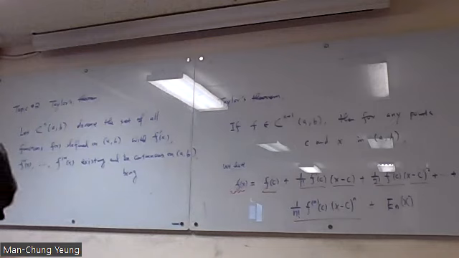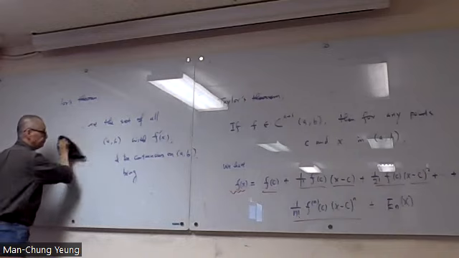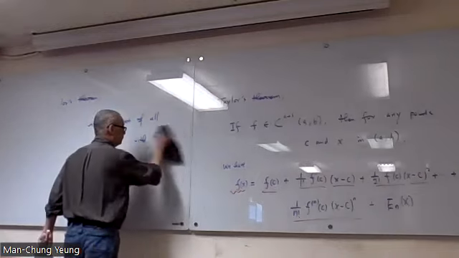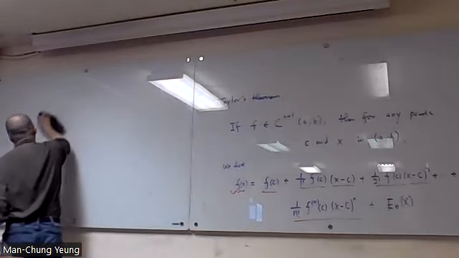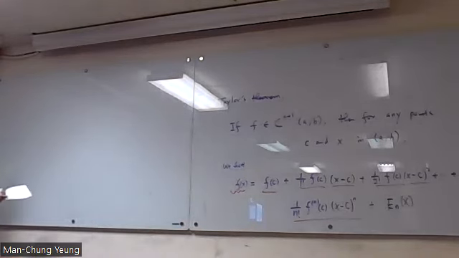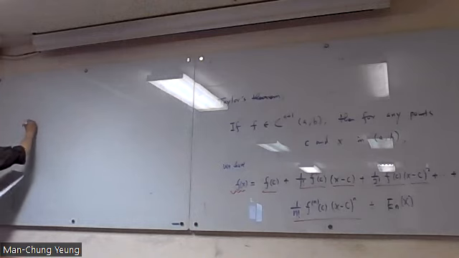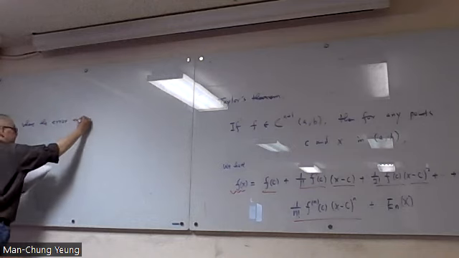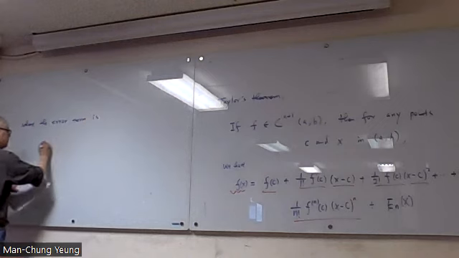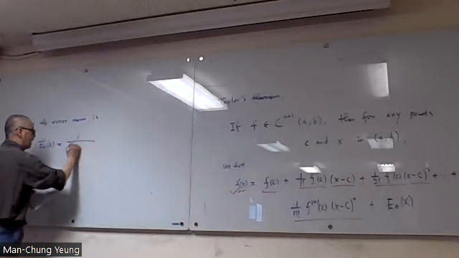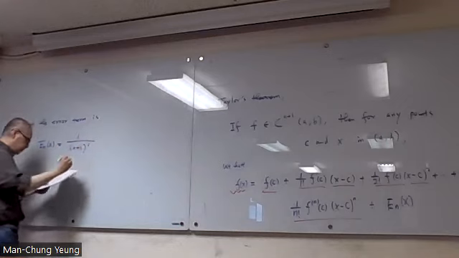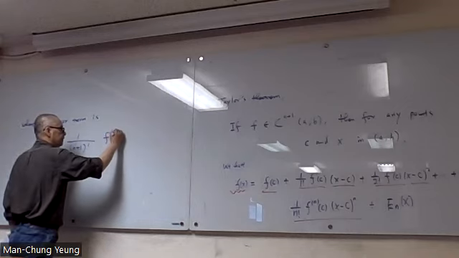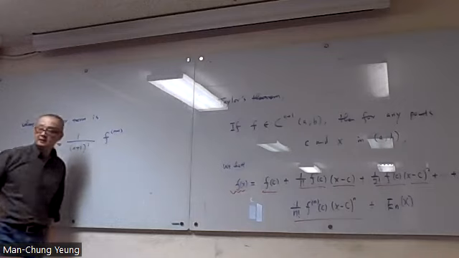The formula for the error term is 1 over (n plus 1) factorial times the derivative n plus 1 times.